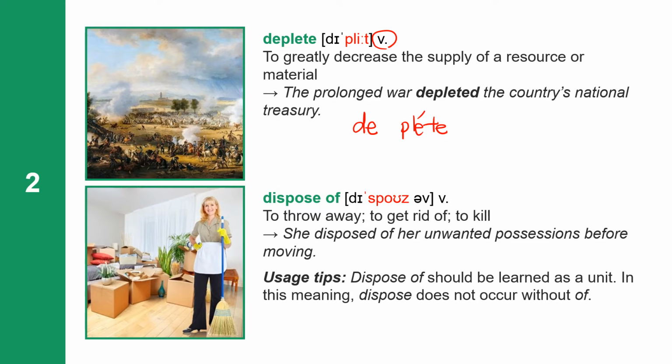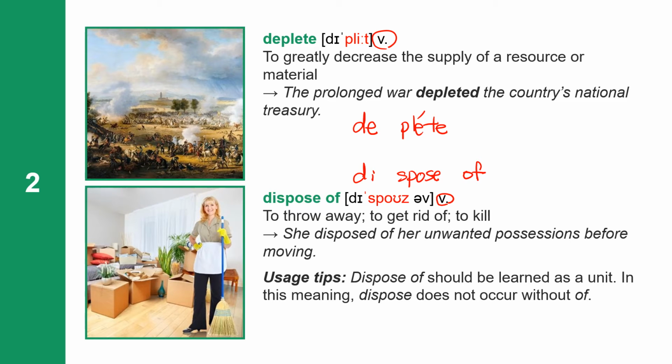Next one, dispose of. Dispose has 2 syllables, D-I-S-P-O-S-E, and then the preposition of. Dispose of is a verb. Dispose of means to throw away, to get rid of, to kill.